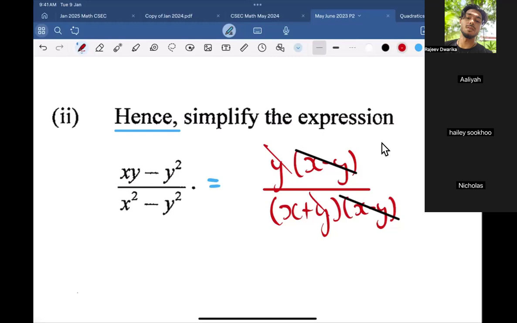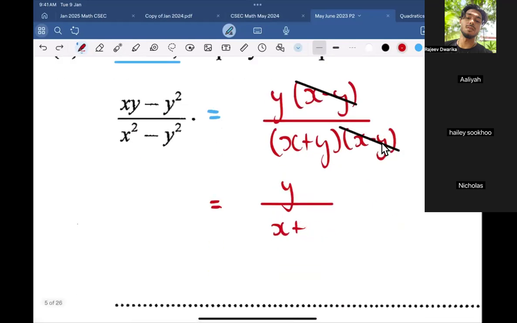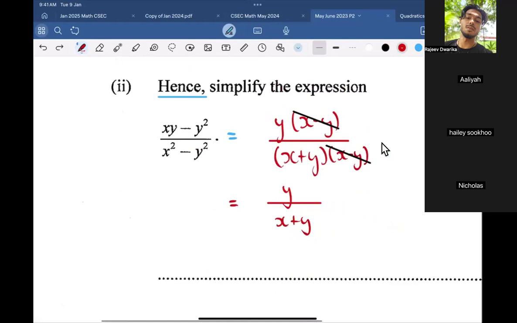So you're going to end up with y over x plus y. You cannot cancel the other way. That's the final answer. You can only cross off things once it's multiplication. If something is involved in a difference or a sum, you can't do anything. Let that be a lesson.